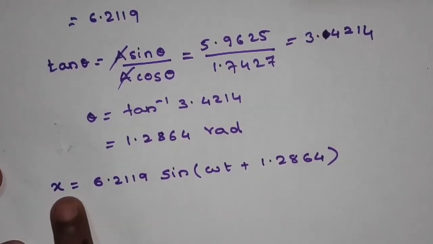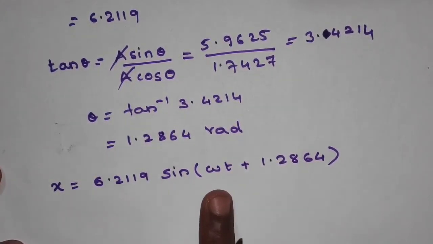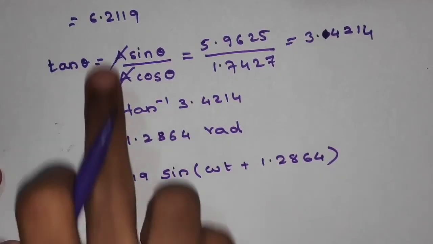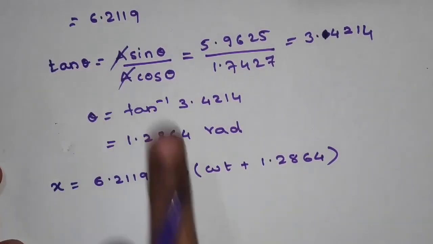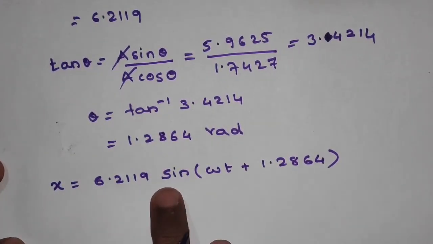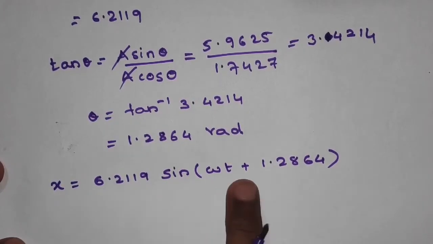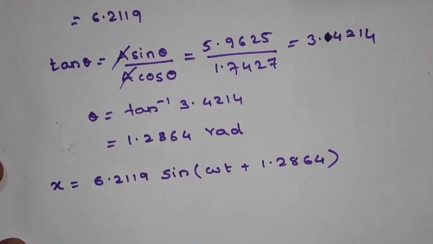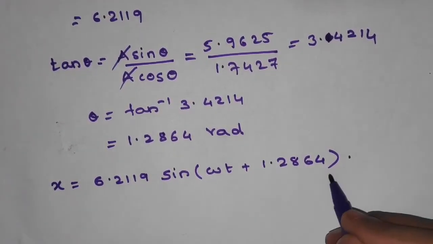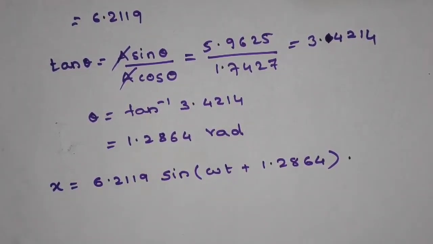So from equation number 2, x is equal to A sine of omega t plus theta, where A we have calculated as 6.2119 and theta is 1.2864. So we have substituted this.